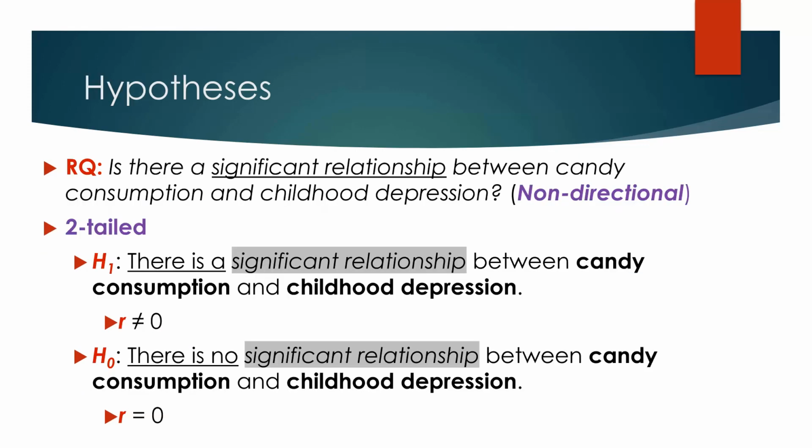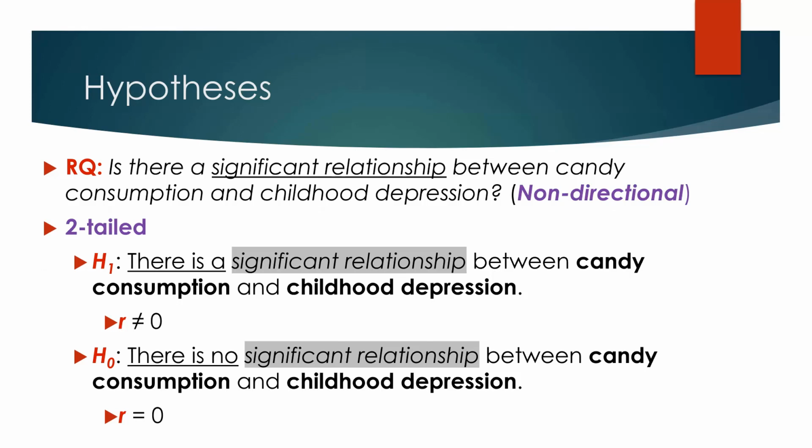With that, we can develop our hypotheses. With a correlation, because the correlation could be positive or negative, you can have either non-directional or directional hypotheses, and that would be indicated in the question. If the question simply asks, is there a relationship, it's non-directional. Therefore, your hypotheses are non-directional and two-tailed.